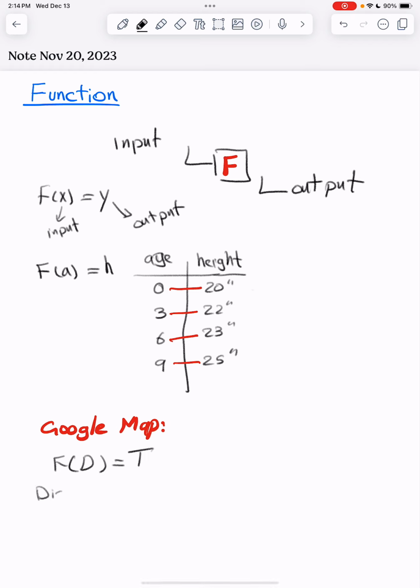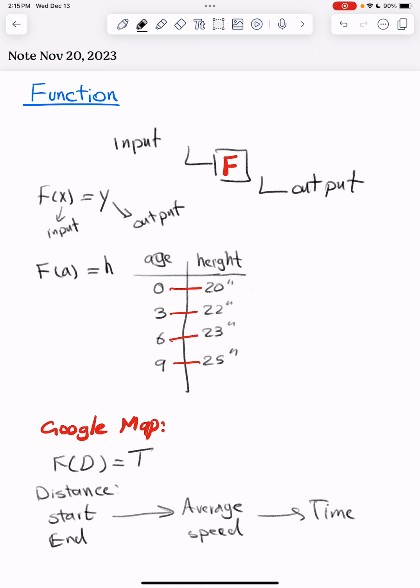The distance comes from the end point and the start point that we give to Google. Google uses that to calculate the mileage that we need to travel, and then uses an average speed to calculate the time of the travel. And again, the relationship between the distance and the time is a function.